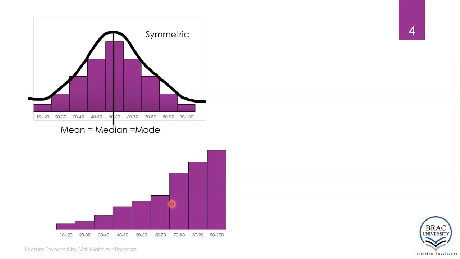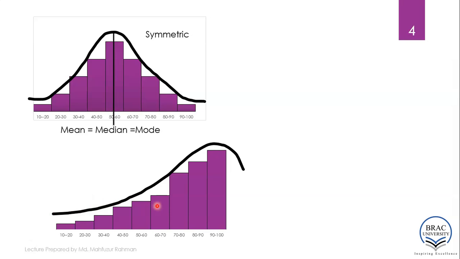When we look at a skewed distribution like this, the smaller, low area over here on the left we call the tail of the distribution.